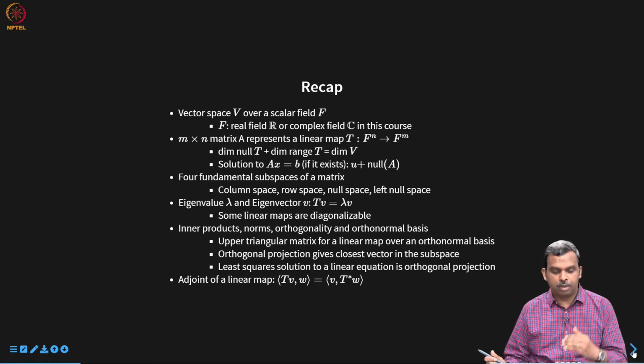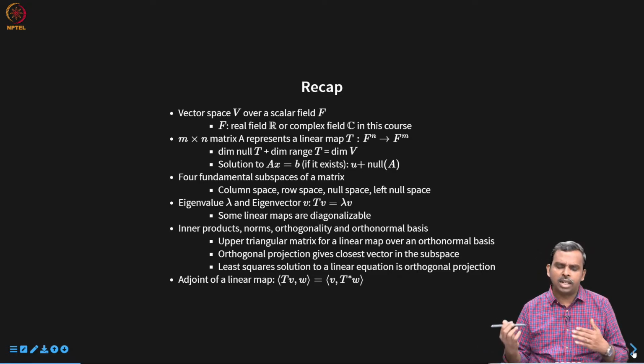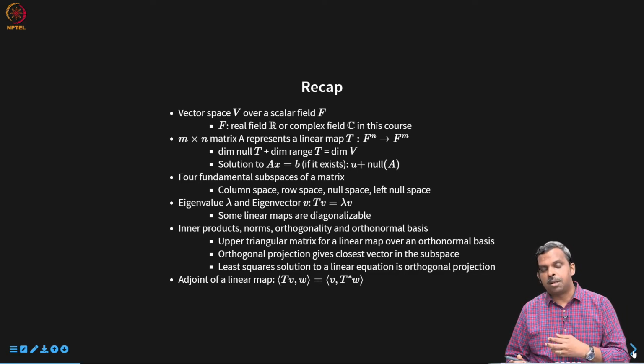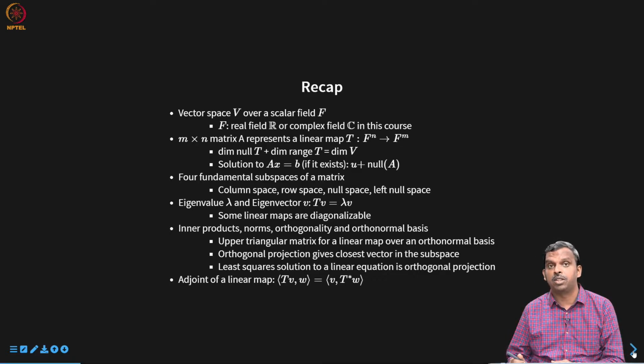Quick recap. I'll quickly go through the first part, and we're really looking at the adjoint right now. We are in inner product spaces. We're considering orthogonality, orthonormal basis, and that has resulted in quite a few simplifications. In particular, the definition for the adjoint of a linear map has this very nice characterization in terms of what it does with the inner product. You have a vector v, which is taken to Tv by a linear map T, and then you have a w, which is another vector not in the range of T, but in the second vector space into which you're going.